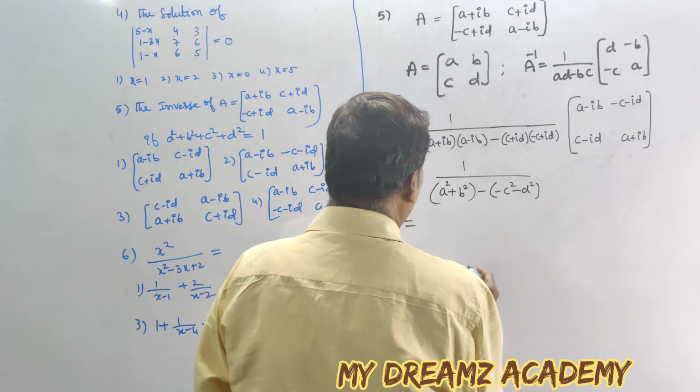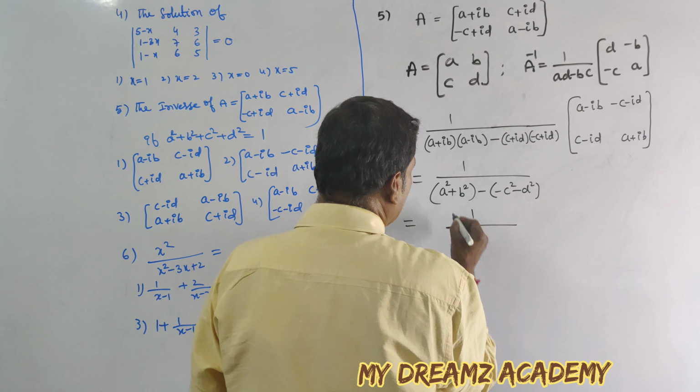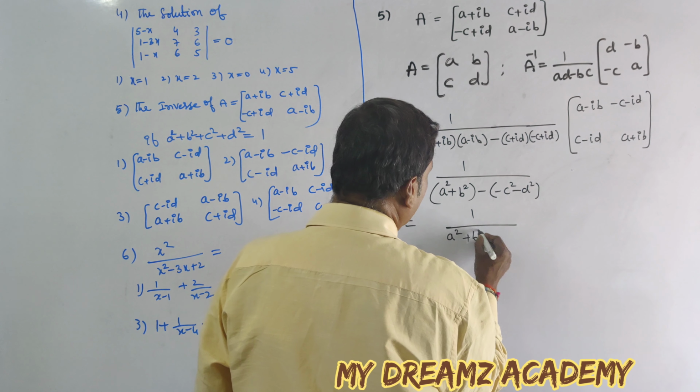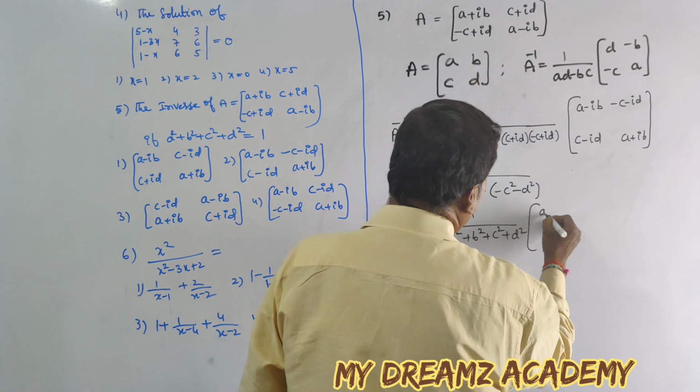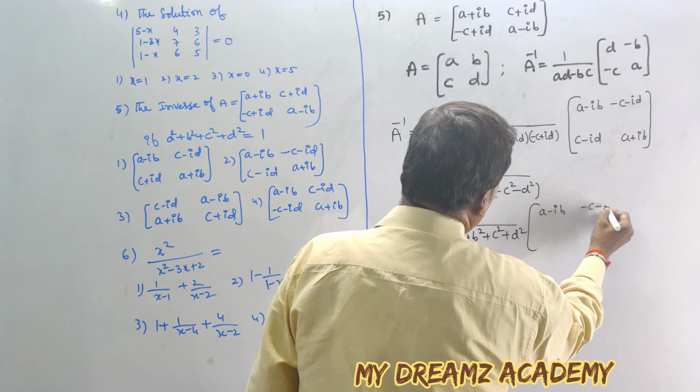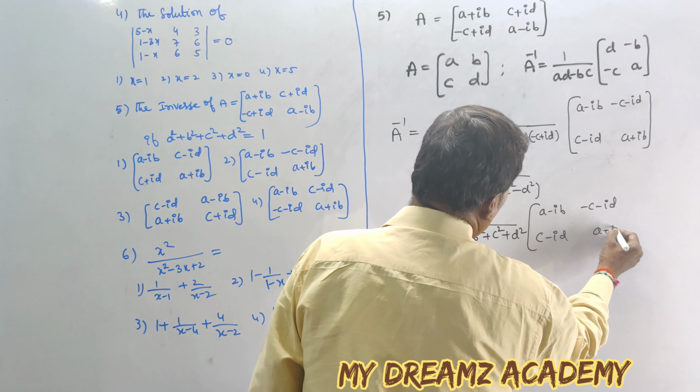Therefore, this is 1 by a square plus b square plus c square plus d square, into the matrix a minus ib, minus c minus id, c minus id, a plus ib.